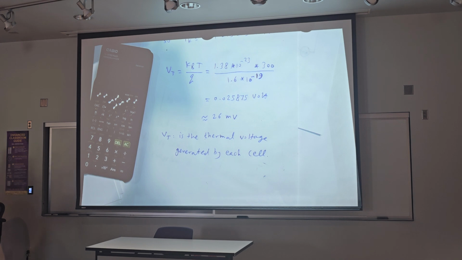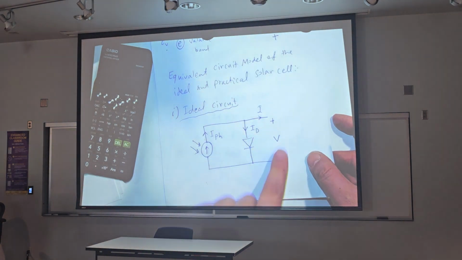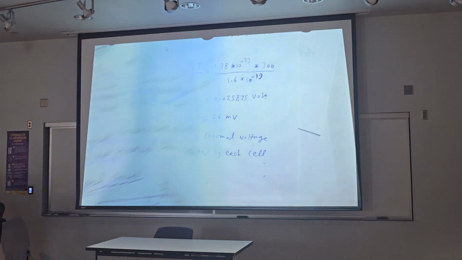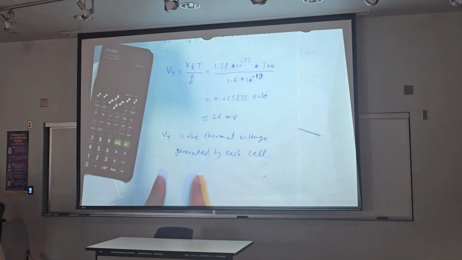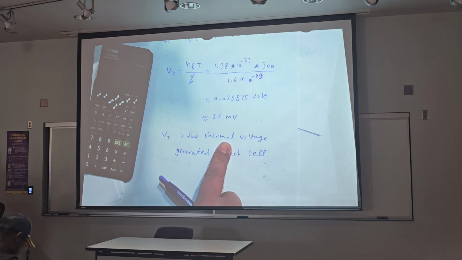So now, two types of voltage: V terminal and V thermal. Now, the diode equation.